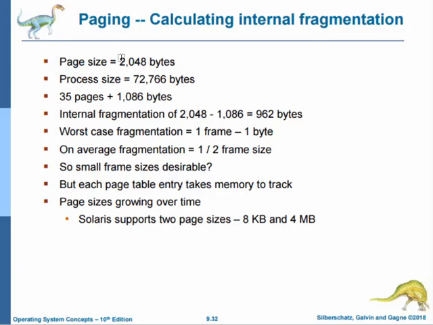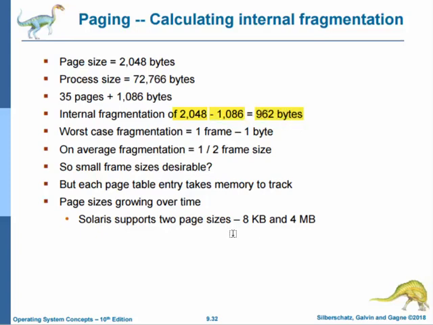For example, in this example, a page size is 2048 bytes. So a process of 72,766 bytes will need 35 pages plus 1086 bytes, and it will be allocated 36 frames, resulting in internal fragmentation of 2048 minus 1086, which is equal to 962 bytes.